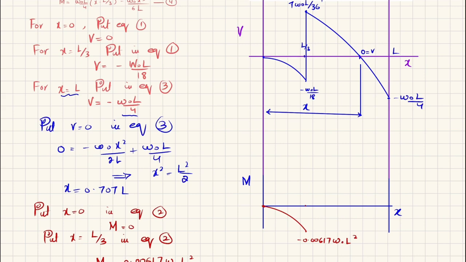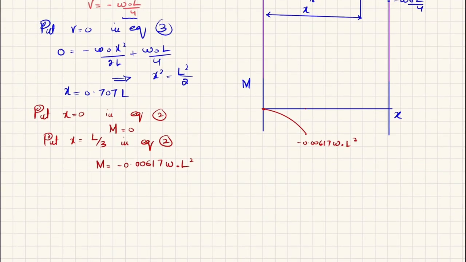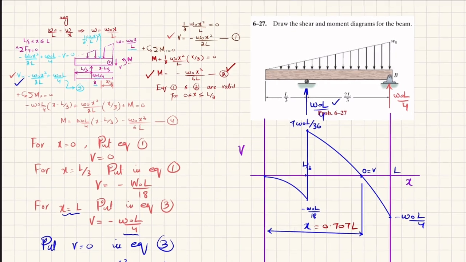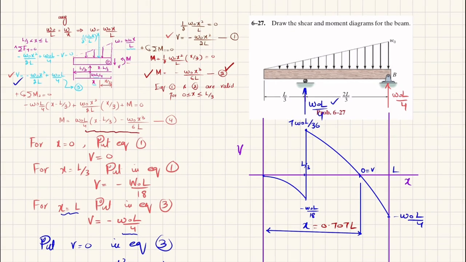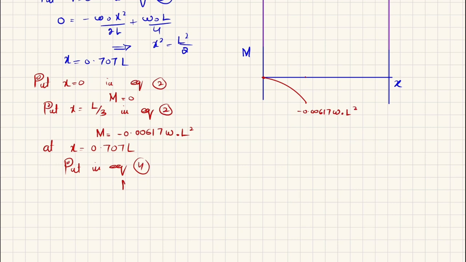Okay. Now we have shown that at x is equal to 0.707 L, what will be the moment? So put it in equation number 4, because equation number 4 is for region x greater than L by 3 and less than L. So you will get moment equal to 0.0345 W naught L square.